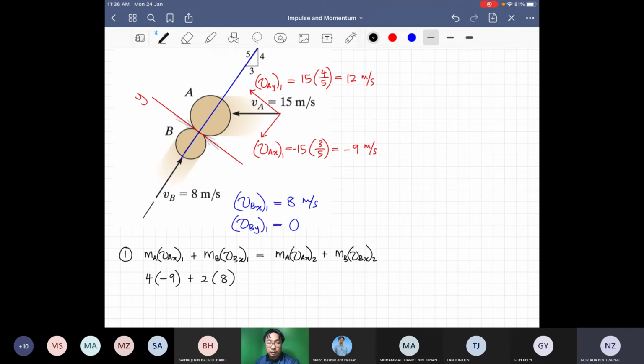So the first step is to list down all the velocities.